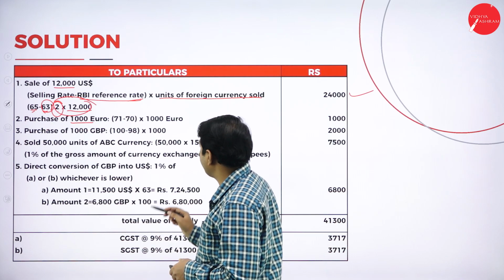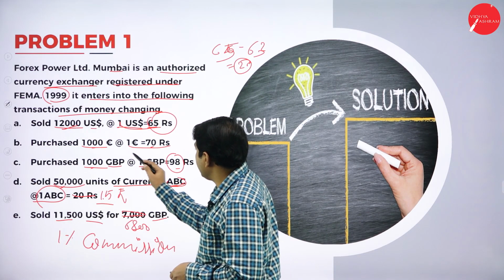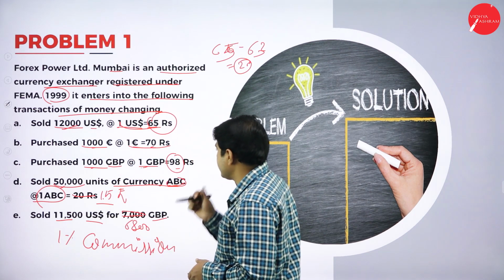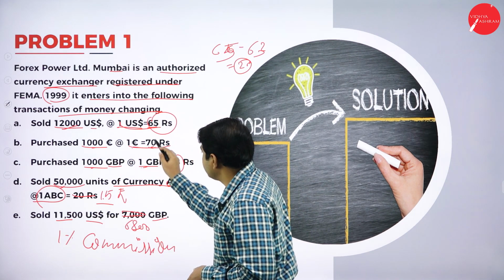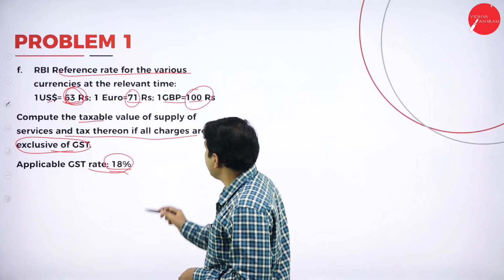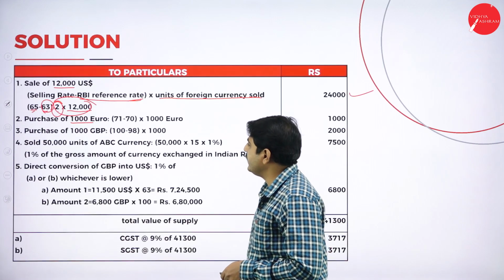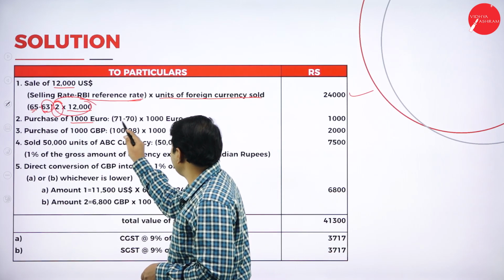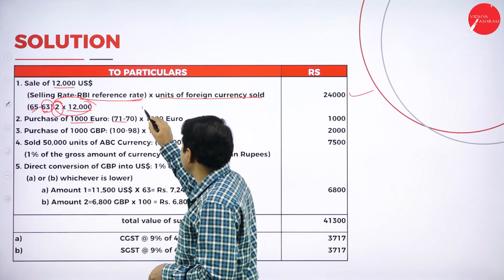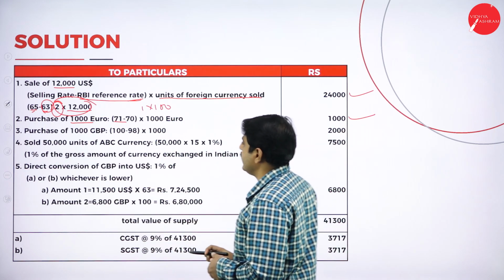Look at the question. What is the actual cost of purchase? For 1 euro it is 70 rupees. But what is the RBI rate? It is 71 rupees. So what is the profit they made here? Again, 1 rupee profit. So 1 rupee into 1,000, they will get 1,000 commission here also.